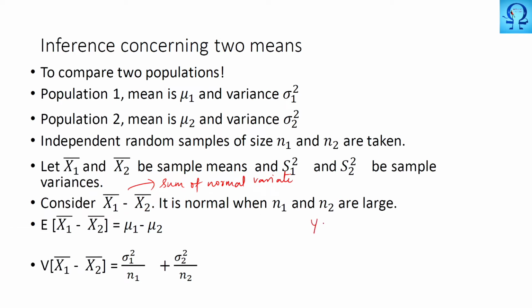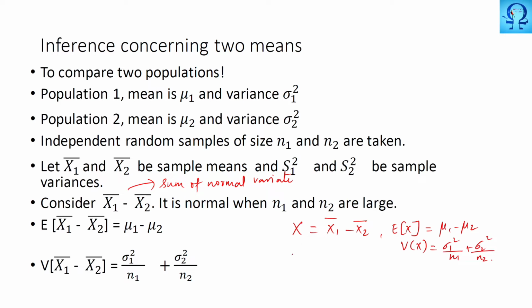Suppose you take x to be x1 bar minus x2 bar. This is a normal variate with mean mu1 minus mu2 and variance sigma 1 square upon n1 plus sigma 2 square upon n2.